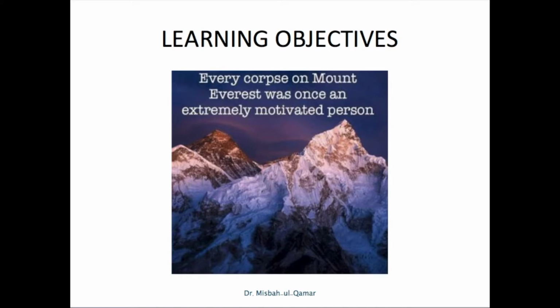Here are the learning objectives which you must know by the end of this lecture. So let's first see the effects of low oxygen on our body, and then I will tell you how we get acclimatized to this low oxygen at high altitude.